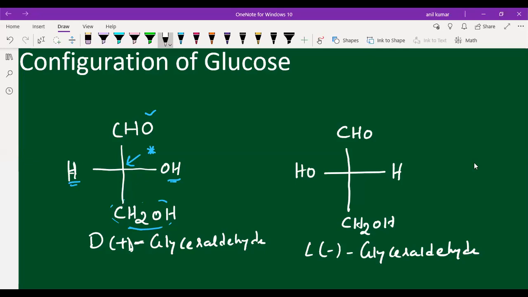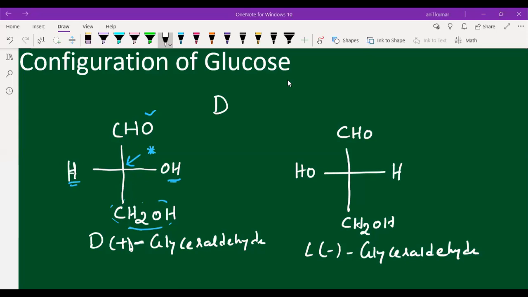First of all, let us illustrate what is meant by this D. When we give the D configuration, students, we give it when the OH group and the CH2OH group are considered. This is the last asymmetric carbon.